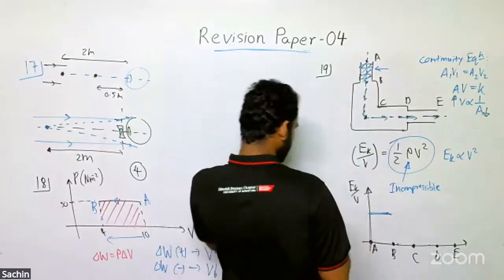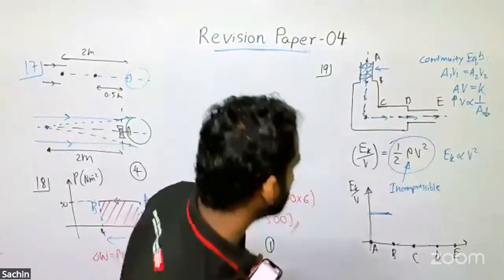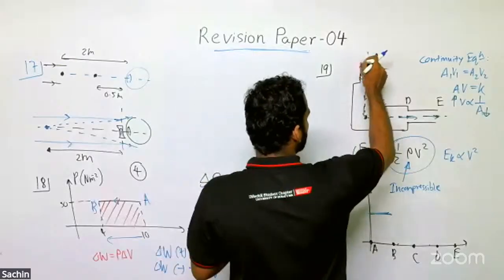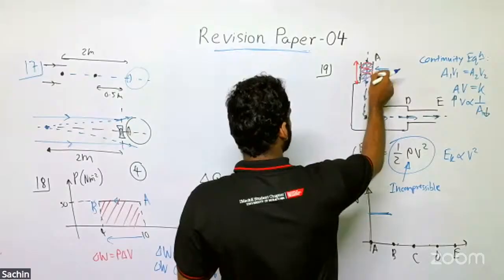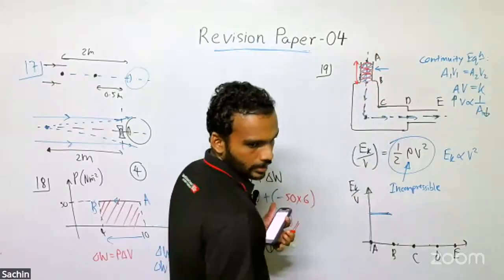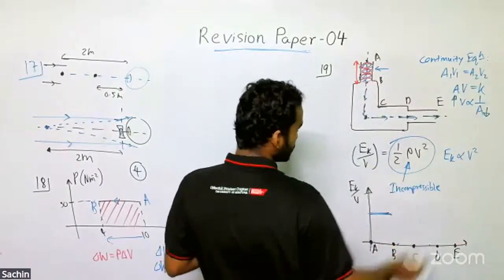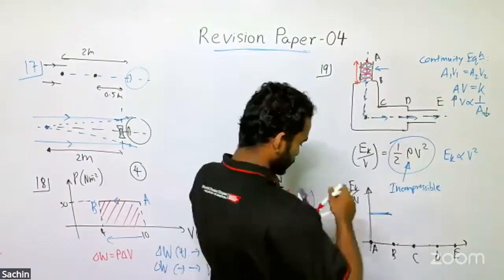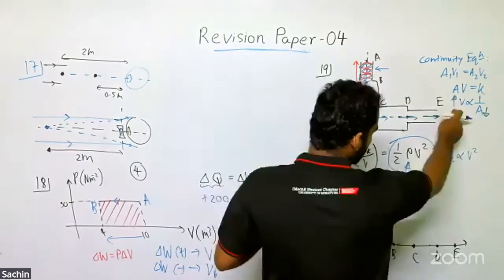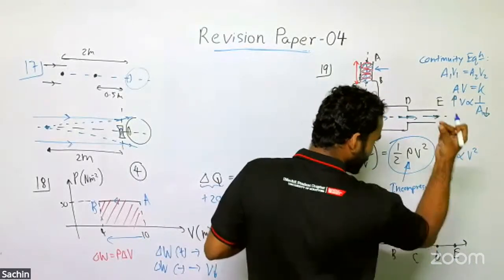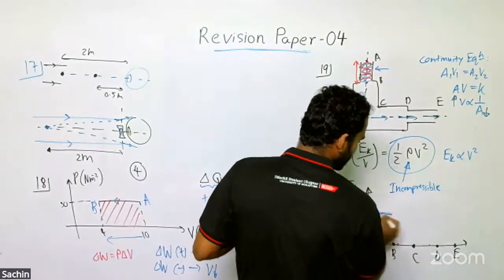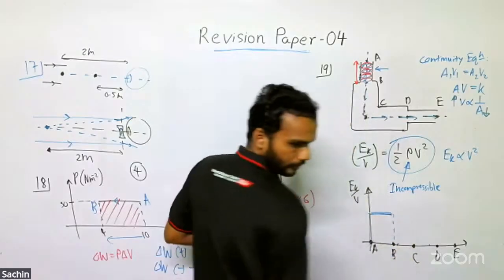And again, if you consider the whole region from A to B, the cross section never changes. It stays constant. So the cross section stays constant means the velocity also never changes. So the velocity is obviously higher, but the value never changes. Value never changes means the kinetic energy also will be higher. By the way, the value never changes until B.